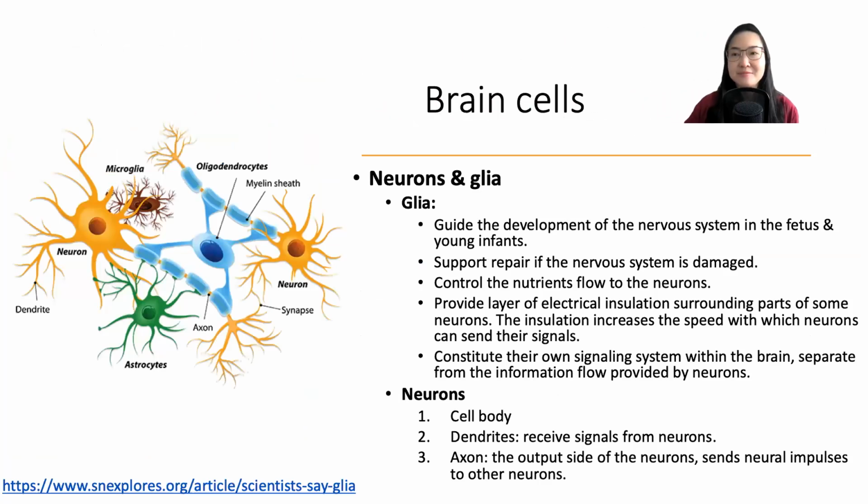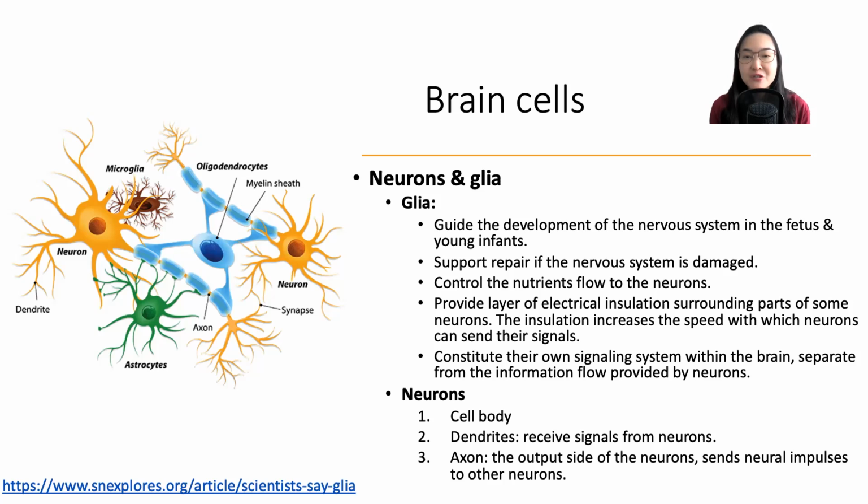Brain cells. Brain cells have neurons and glia. Glia means glue in Latin or Greek. Glia guide the development of the nervous system in the fetus and young infants. They support repair if the nervous system is damaged.